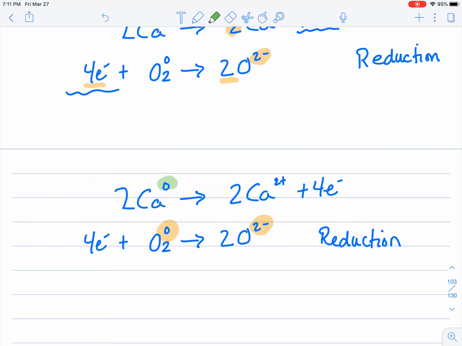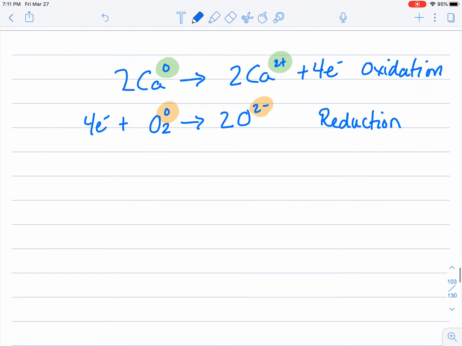Now for calcium, it went from a 0 to a +2, so it was a gain in that charge, or what we'll soon call oxidation number. And for a gain, we're going to call it oxidation. So let me write out this method that I've been talking about.